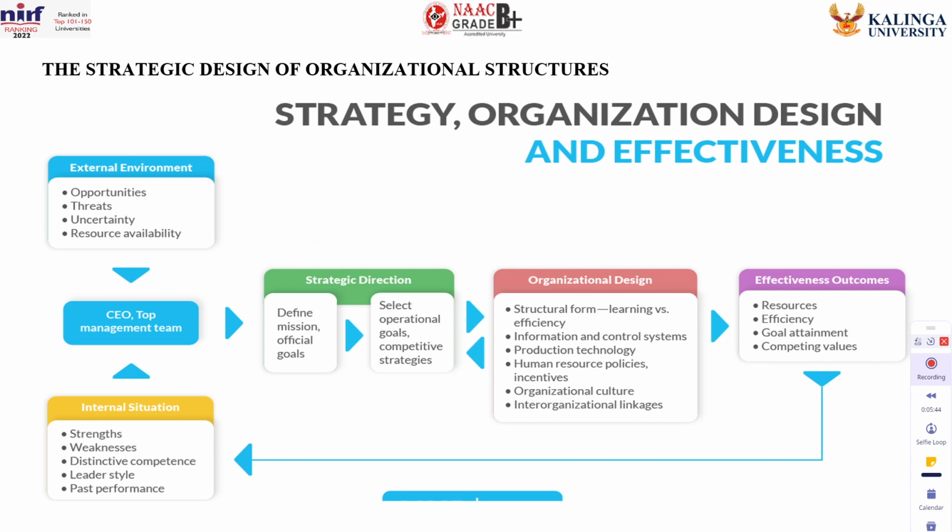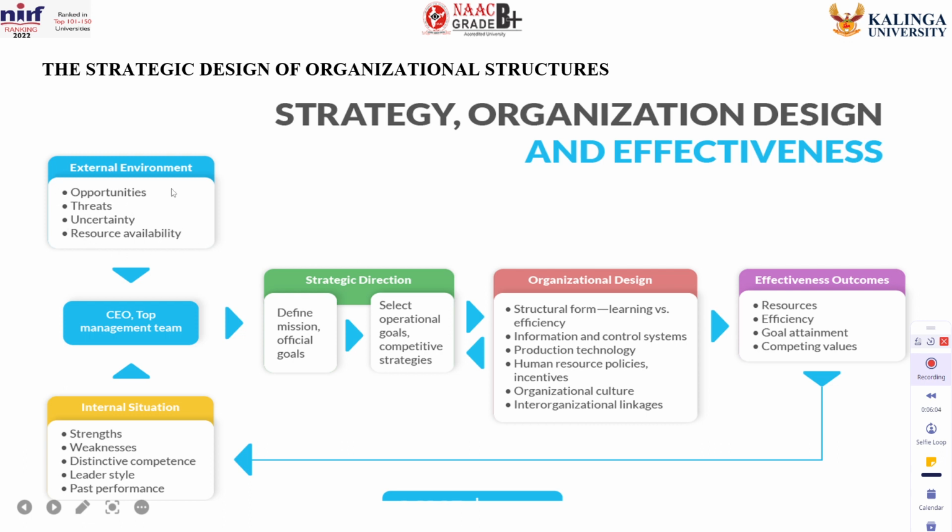So, if we talk about the strategic design of an organizational structure, if you look into this, the external environment and internal environment. So, external environment comprises of opportunities, threats, uncertainties, and resources availability.